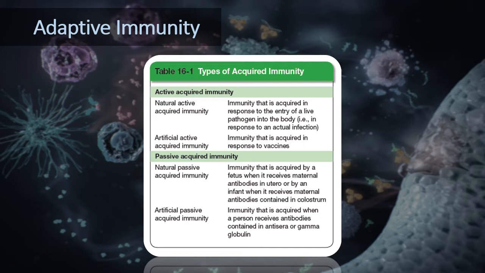For passive acquired immunity, we have two, the natural passive, where immunity is acquired by a fetus when it receives antibodies from the mother through the placenta, and where an infant receives antibodies through breastfeeding. And artificial passive, where immunity is acquired when a person receives antibodies in antisera or gamma globulin.